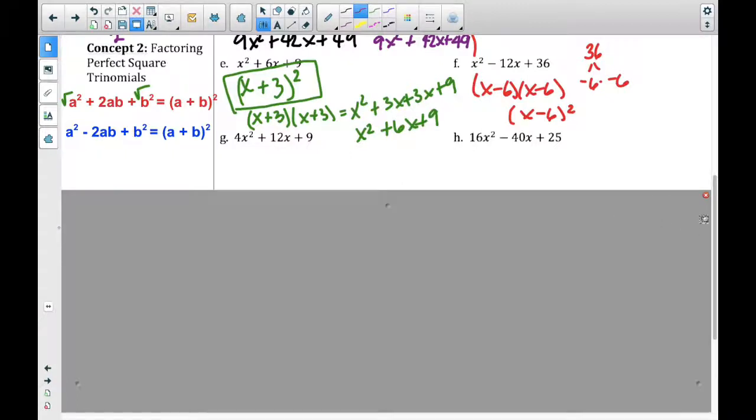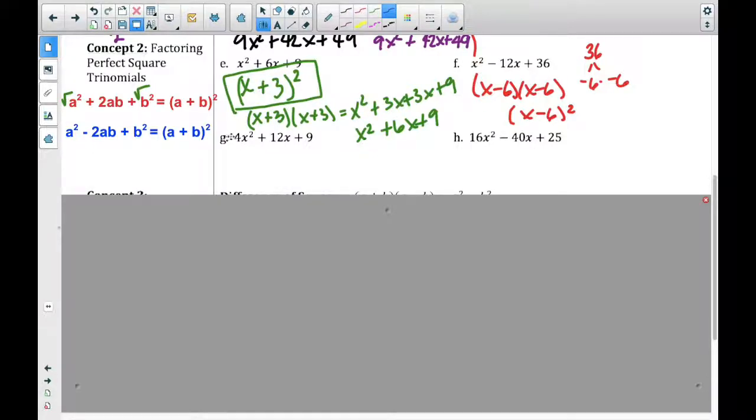Let's take a look at G and H, which are a little bit more complex because they have that leading coefficient. So if we look at G, maybe we can do it with the AC method first. On G we find that AC is positive 36. We want to find what adds up to 12. Okay, 6 times 6.